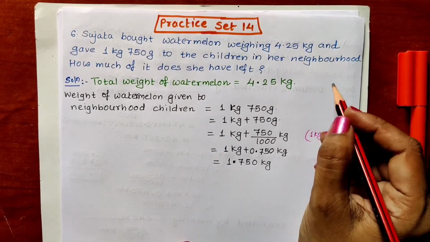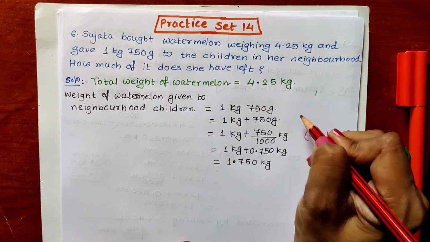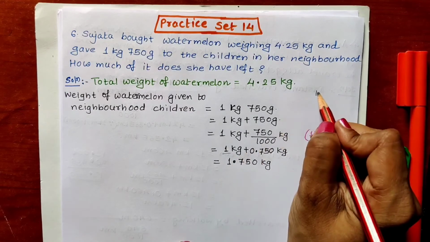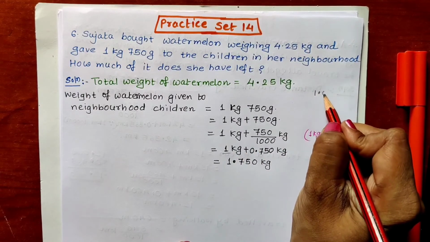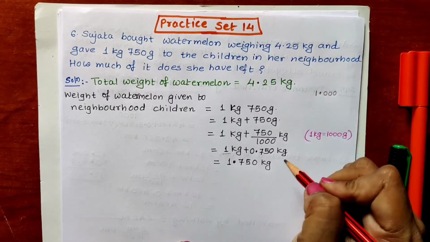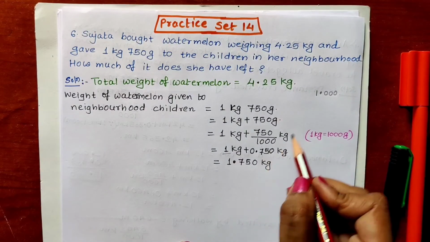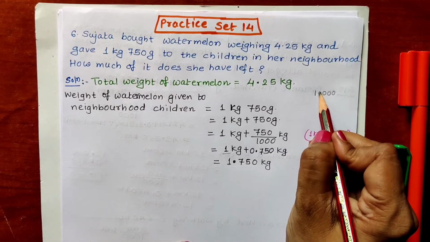How can you get it? Here I will show you in rough. In 1 there is no decimal point, so after 1 we put a decimal point, and we can add as many zeros as we want. Because in 750 after the decimal point 3 digits are there, so I have written 3 zeros after the decimal point.